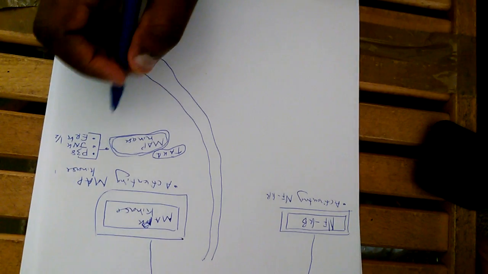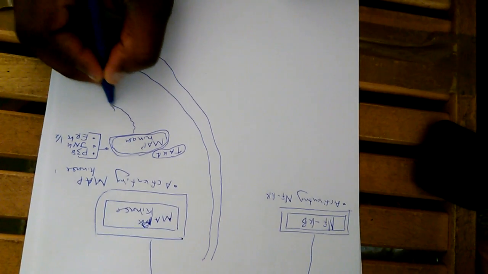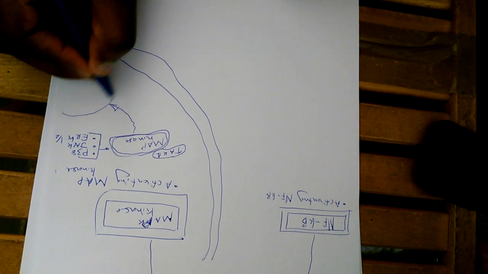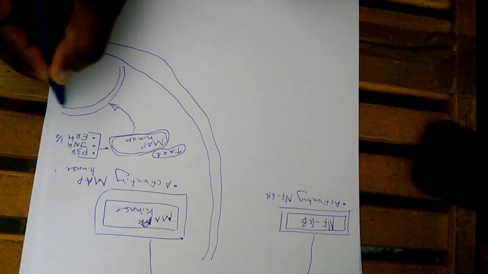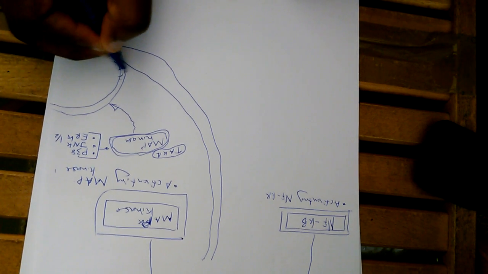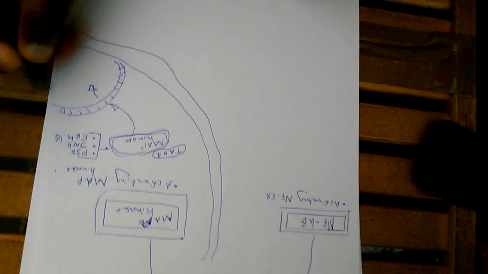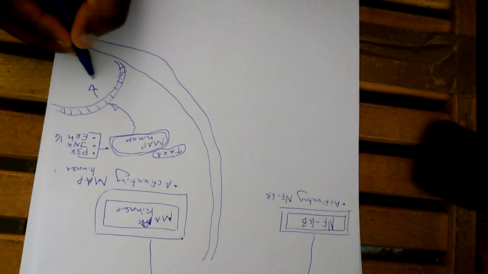So it goes ahead to activate these ones, and it then goes ahead to the cytoplasm. And when it goes to the cytoplasm, okay, this is the cytoplasm. I'm going to make this a little bit lining. It goes ahead to transcribe.